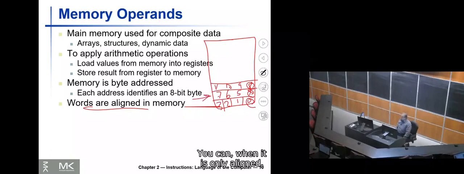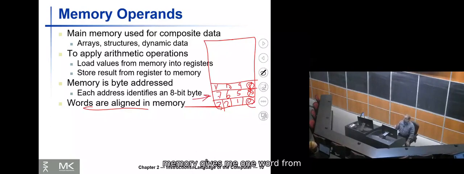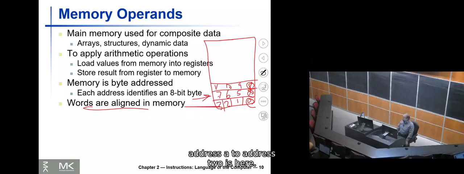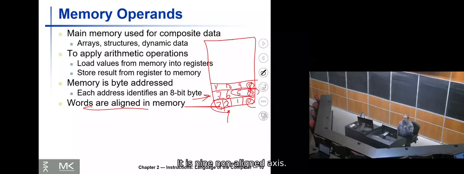When it is aligned, it means that you cannot say, memory, give me 1 word from address 2. Address 2 is here. 1 word from address 2 means, hypothetically, address 2, 3, 4, 5. But 2, 3 are here, 4, 5 in another row. It is non-aligned access.